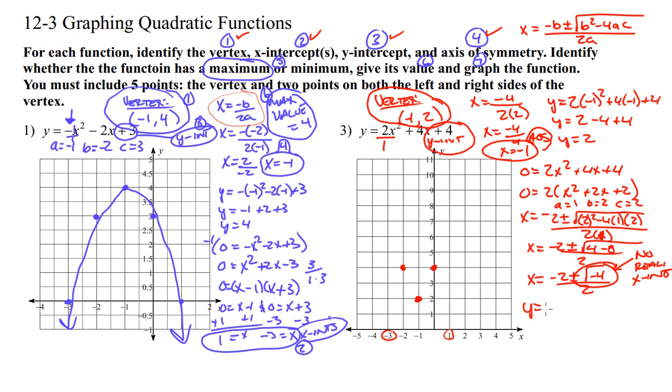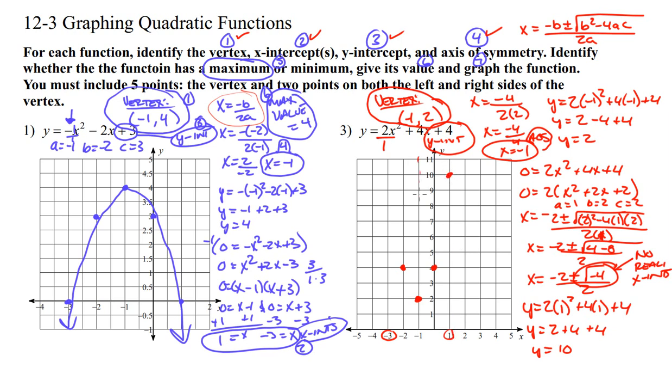So we do y equals 2 times 1 squared plus 4 times 1 plus 4. So we get y equals 1 squared is 1 times 2 is 2. 4 times 1 is 4 plus another 4. Gives us that y is 10. So at 1, we're at 10.